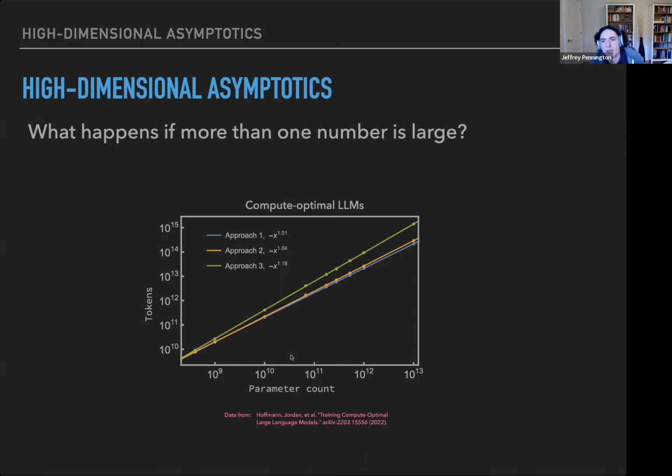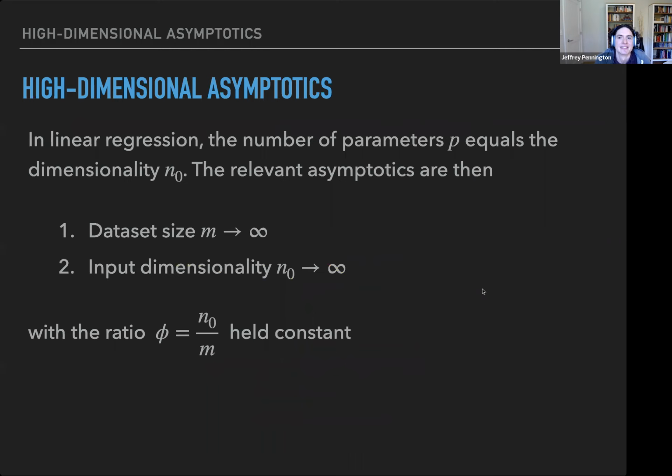And when you carve out this Pareto frontier, what they found is that basically there's a linear relationship. So the number of parameters and the number of training samples should scale in proportion to one another. And in fact, the raw numbers on the axes here, both of them are huge. Okay, so hopefully I have convinced you that if you want to talk about state-of-the-art machine learning, you need to talk about high-dimensional asymptotics in the standard sense, or at least some notion of the standard sense of high dimensionality.